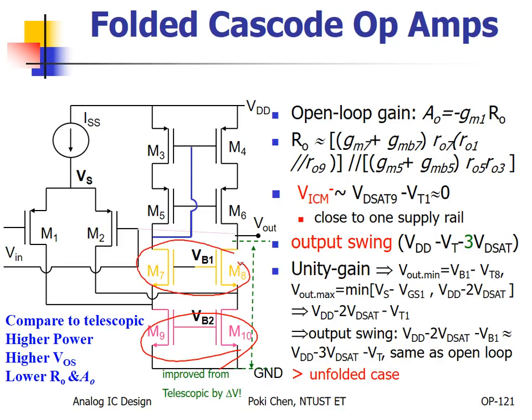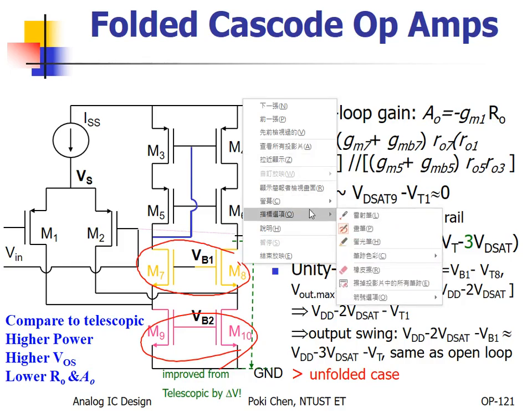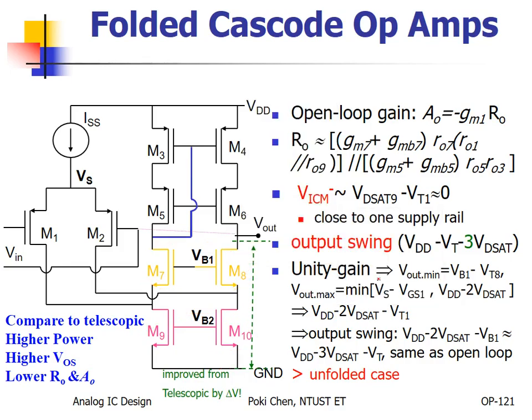Okay? And allow me to explain again. If you don't believe it, allow me to tell you. This is Vin, the differential input. Then the differential input amplifier helps you convert the differential input voltage into differential output current. For such an AC input, the AC output current flows, for example, into this node, but M9 tells it, don't come here because I am DC bias.